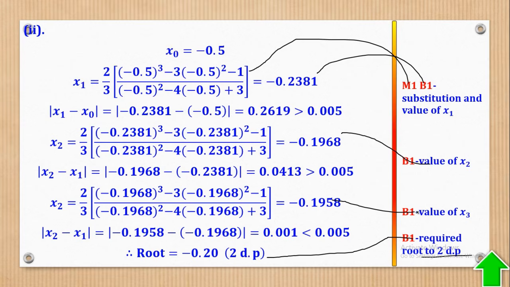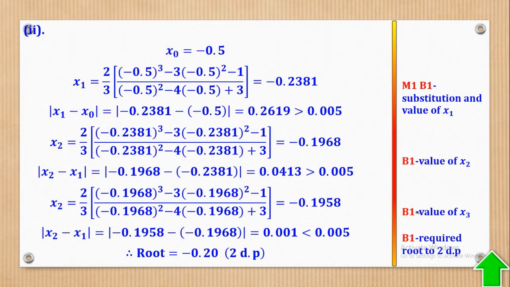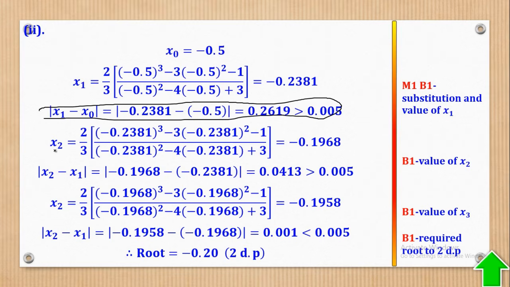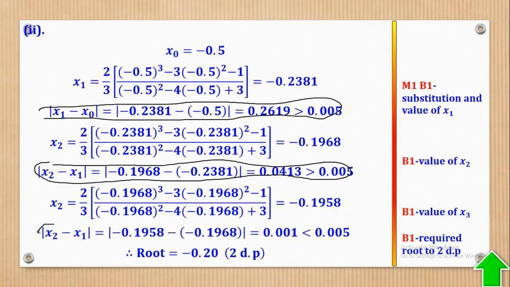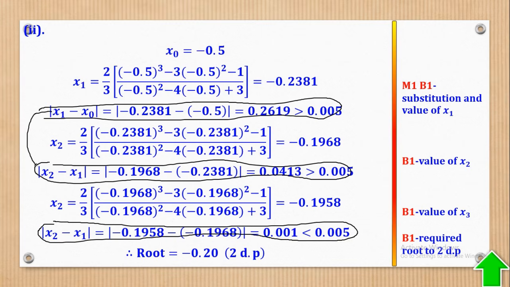So before we go to the next slide, I want you to realize that we are not awarding a mark for getting this difference between two successive iterations and comparing them with the tolerance. So for these ones, no mark is awarded. What does that mean? It means that they can be bypassed. In other words, even if you don't show them in your working, you'll still get all the marks.